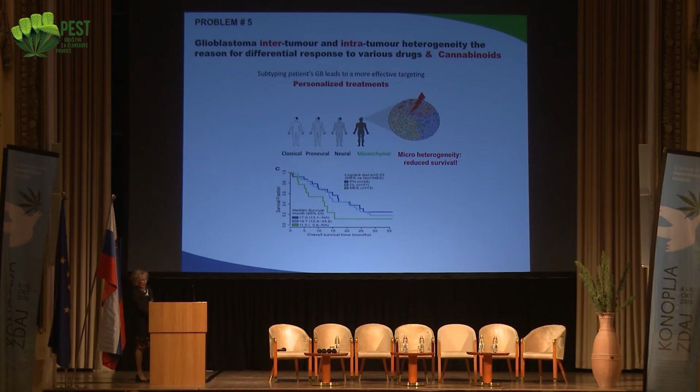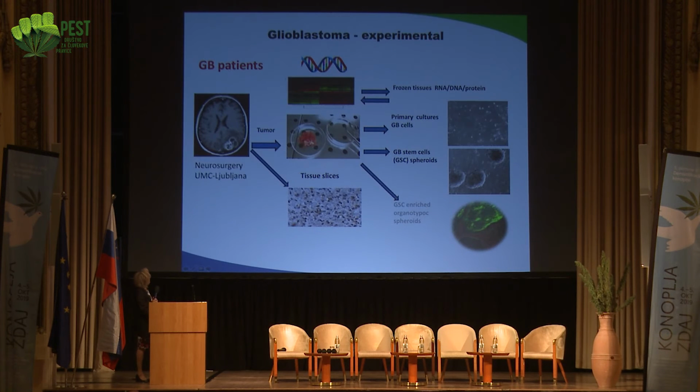And how do we now approach the therapy with cannabinoids, knowing all these obstacles? In our lab, we have tried to analyze the patient's tissue, the patient's tumor cells, what is in the patient's tumor.